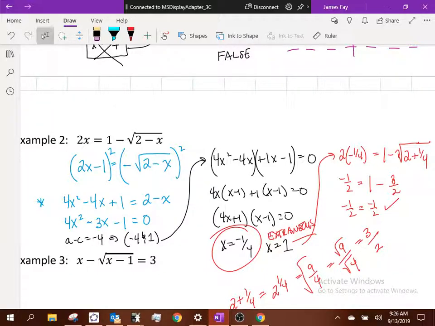Now if I just type in 2X, it'll evaluate 2x with negative 1/4 as the x value. Does that make sense? If I type in 1 minus the square root of 2 minus x, it will evaluate that at negative 1/4.